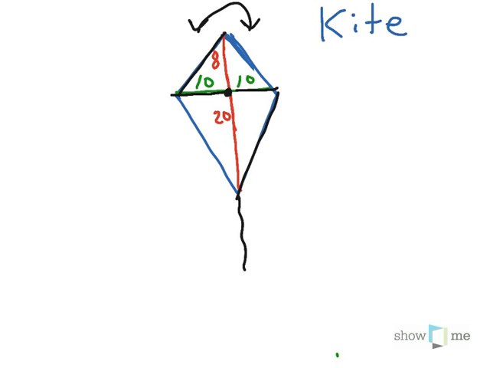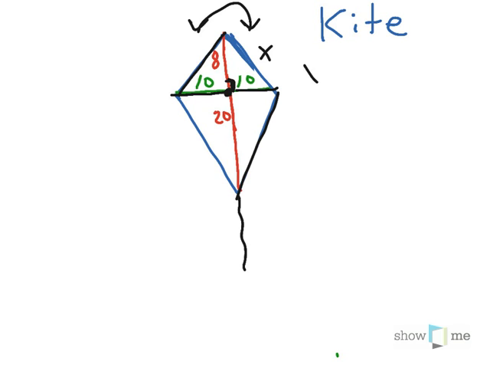So, if we need to find some other measurements, let's use some of the things we already know. For example, if I was going to try to find this side length, okay, I have a right triangle. And this is something that will be true in every kite. You have a right triangle there.